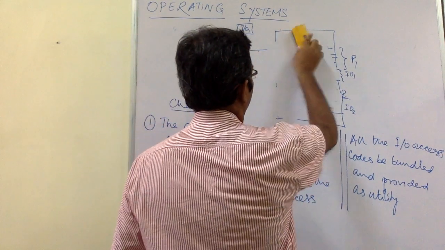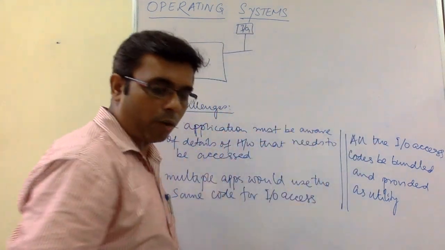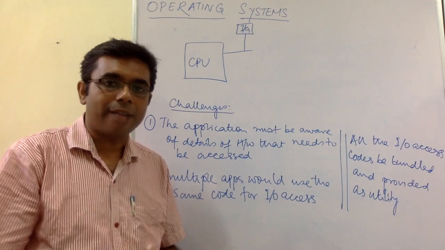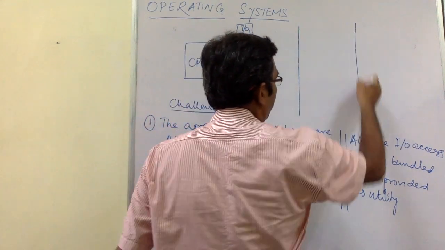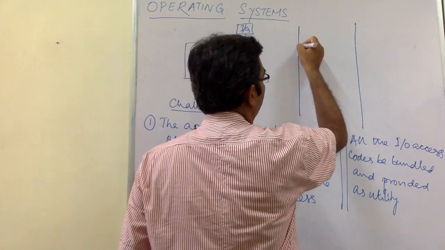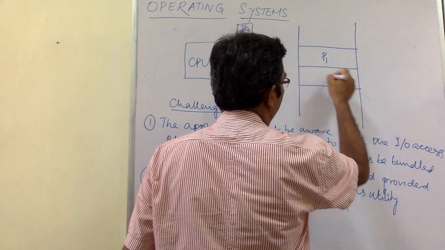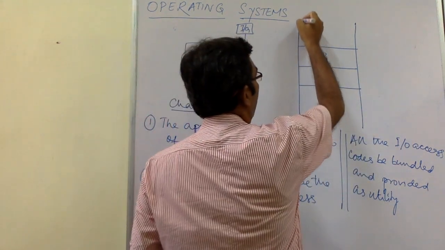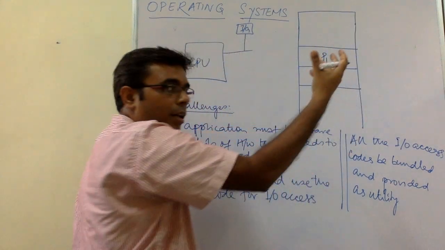So it's something like this, that if I have n number of devices and for each of them I have a separate access mechanism, that access mechanism, instead of making that part of my process, the processes P1 and P2 now will not contain that code. Rather, the mechanism to access that will be provided in a separate bundle.